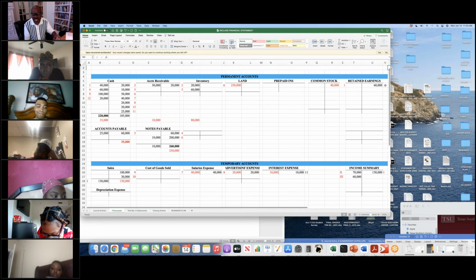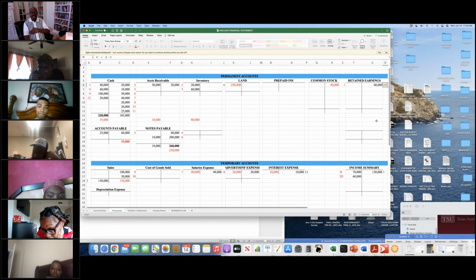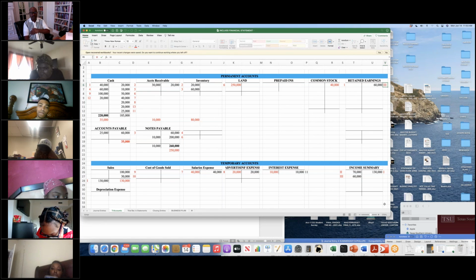So retained earnings now has 60,000 in it. And of course the income summary is closed out. The debits equal the credits.